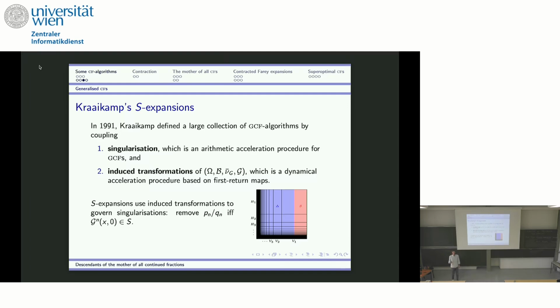So what I mean is that if you look at the orbit of a point x comma 0, and the nth point in the orbit lands outside of the region that you're inducing on, then you remove the corresponding convergent. Okay? So you kind of couple inducing and singularization to create new continued fraction algorithms that are accelerated versions of the regular continued fraction expansion.